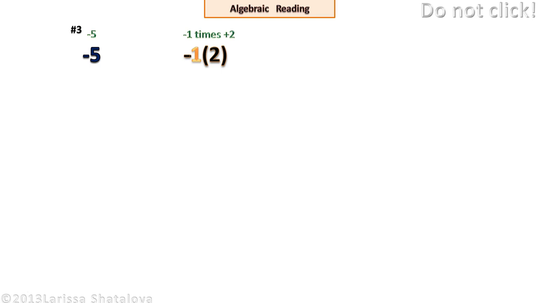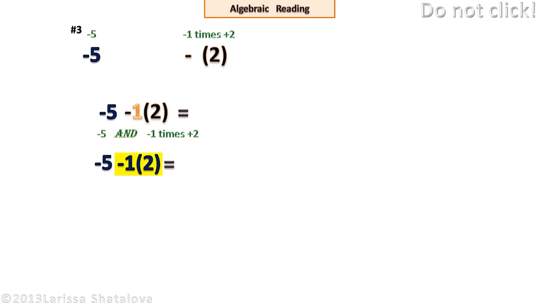Okay, if we combine this together, then we will have negative 5 and negative 1 times positive 2. Now we can simplify because multiplication is first. We have to remove parentheses. Negative 1 times positive 2 will be negative 2. Negative 5 we have to keep, and we remove parentheses. So now negative 5 and negative 2 results in negative 7.